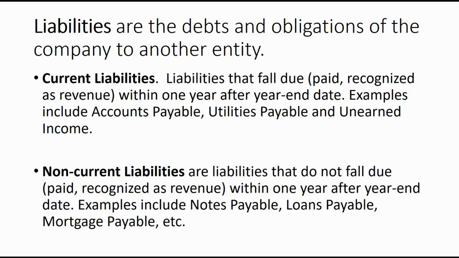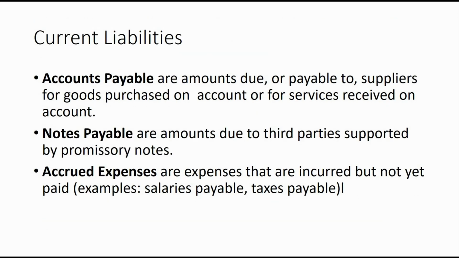So, moving on to liabilities, or the debt and obligation of the company to another entity. So we also have current and non-current liabilities. So utang na kailangan bayaran within 1 year is current liabilities. Utang na hindi mababayaran within 1 year or lagpas ng 1 year is non-current liabilities.